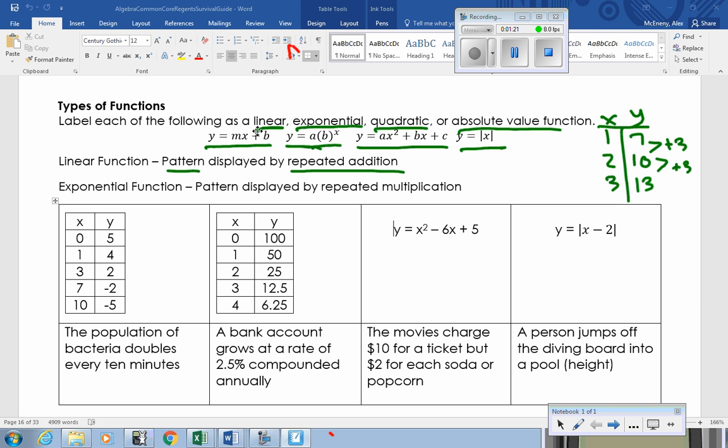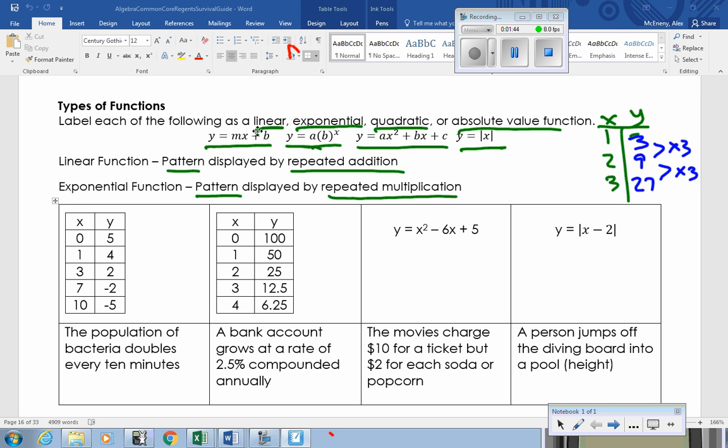And then for exponential functions, there'd be a pattern with repeated multiplication. So something where you would have 3 values or more. Let's say we had numbers like 3, 9, and 27. So in that case, you're multiplying by 3 each time.